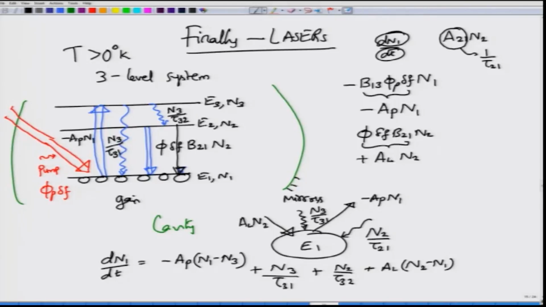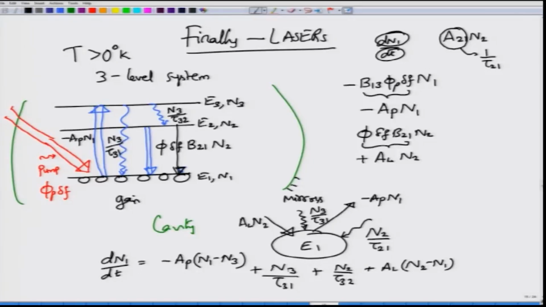In the normal case N3 will be much smaller than N1, and of course this is what equilibrium actually tells you. Therefore, the effective change at the level N1 is given by minus AP times N1 minus N3.